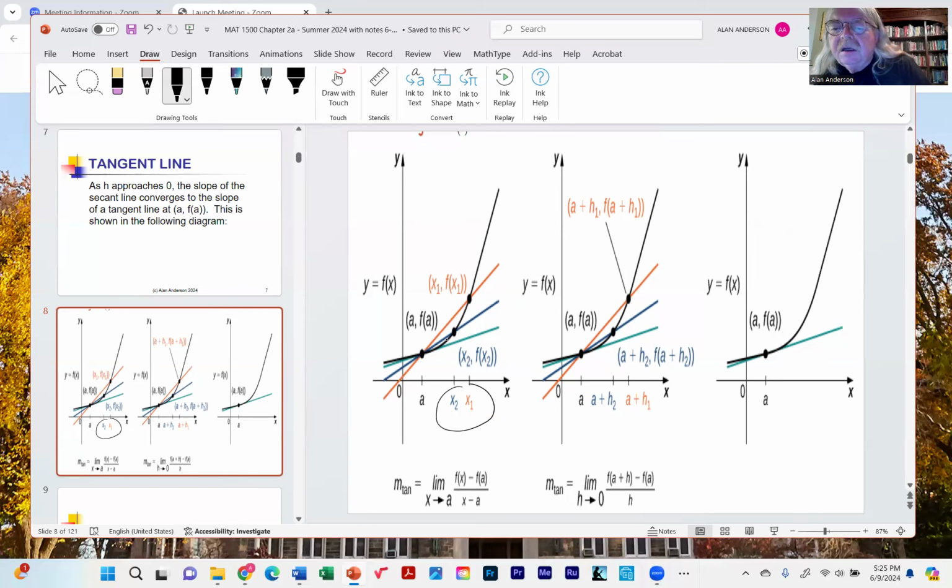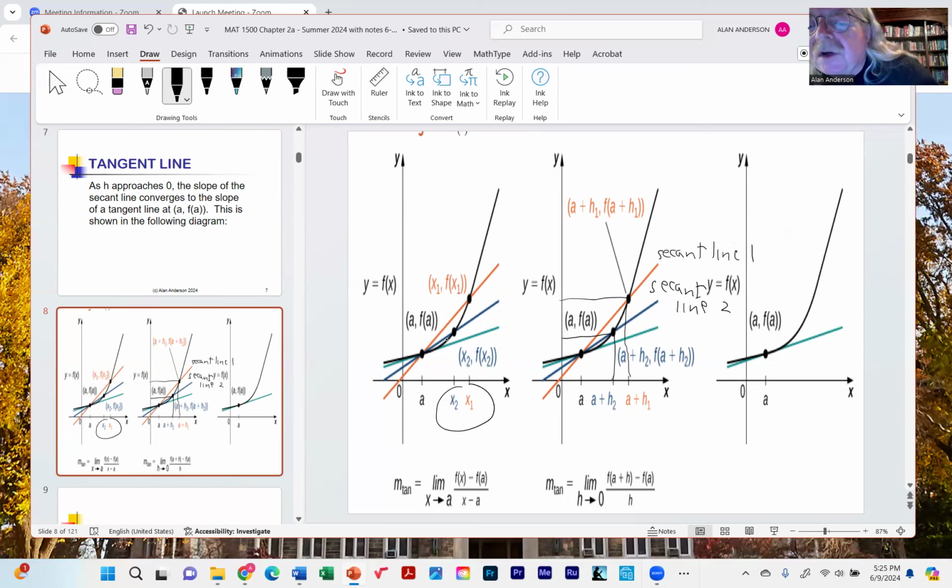H1 means that we're here. A plus H1 is here. And then when it comes to H2, that moves us here. So if you notice, these are both secant lines. We'll call this secant line 1, and this one is secant line 2.